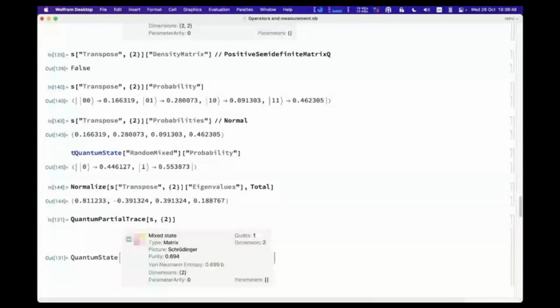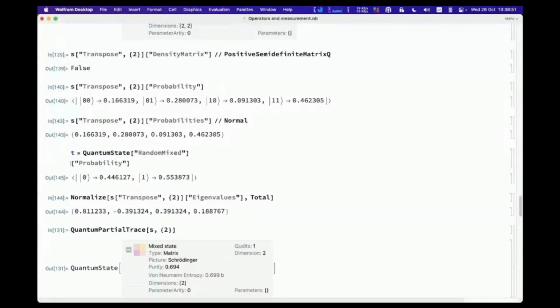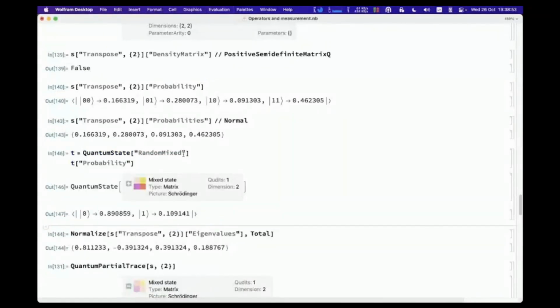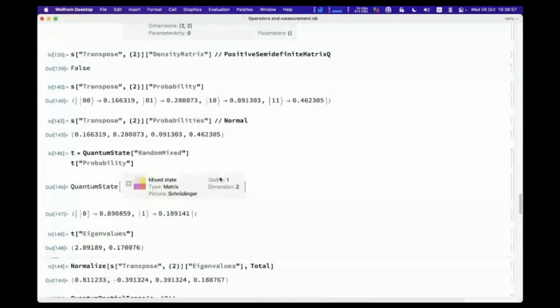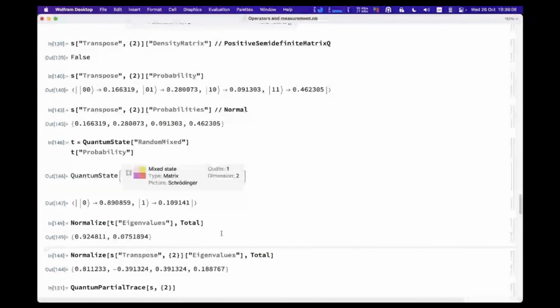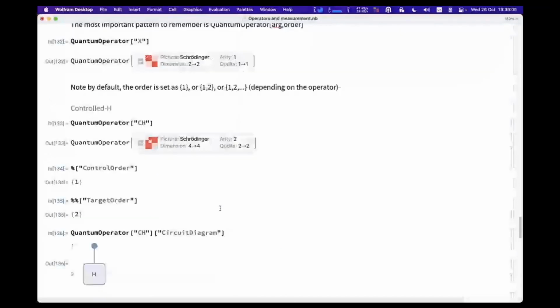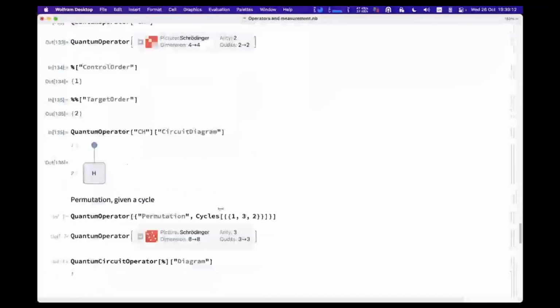But remember, random complex does not give you a positive semi-definite matrix, so some of your examples cannot be actual physical states. There are some tricks to address that.